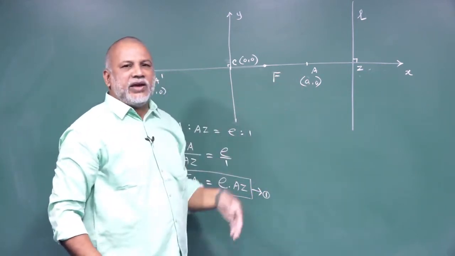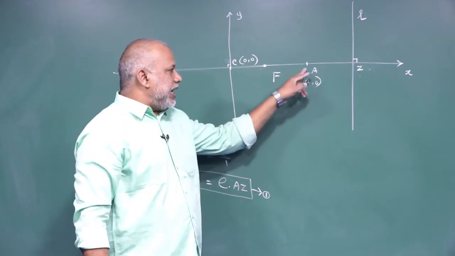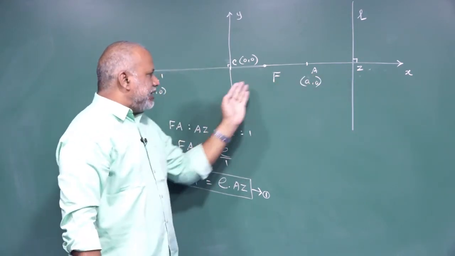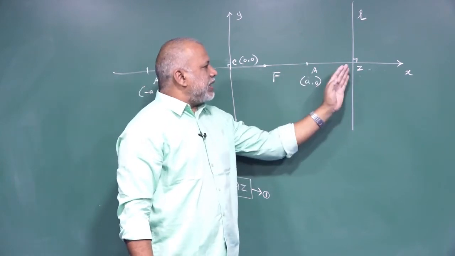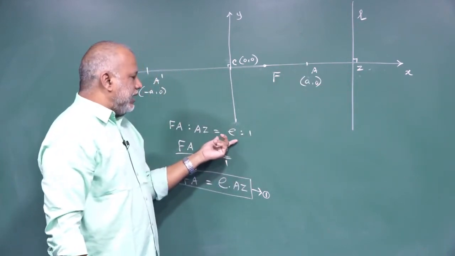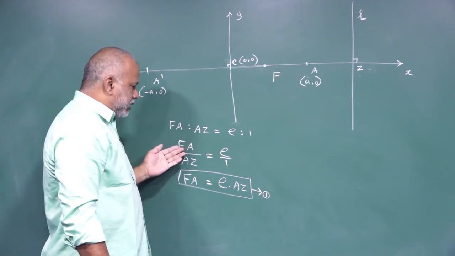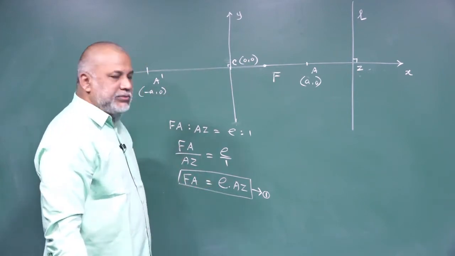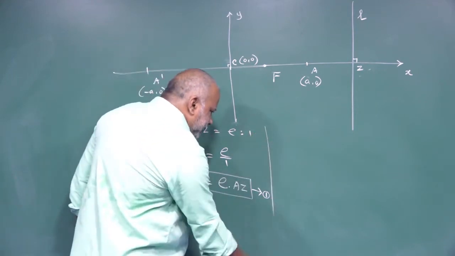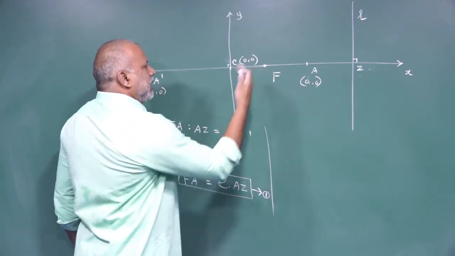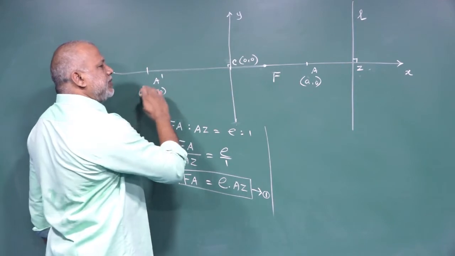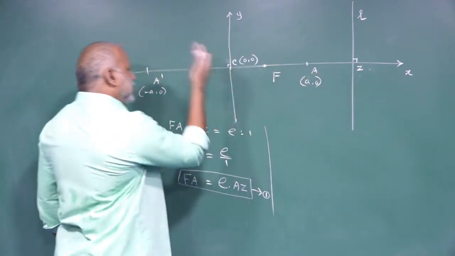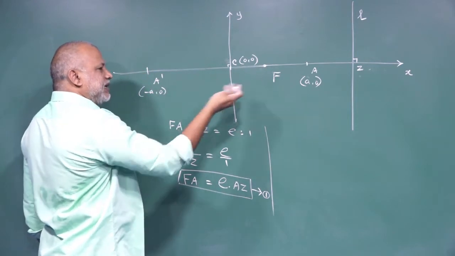So A divides FZ internally in the ratio e is to 1. Therefore we can write FA ratio AZ equals e is to 1. Then converting into division and cross multiplication, we get FA equals e times AZ. In the same way, by the same logic, A dash becomes the external point. If A is the internal division in the ratio e is to 1, then A dash divides FZ externally.